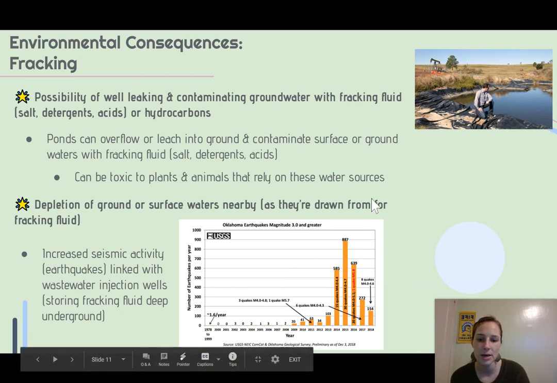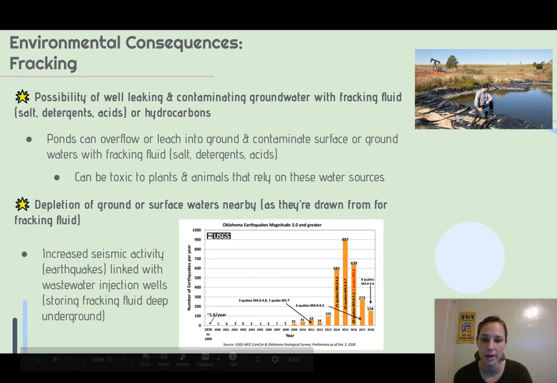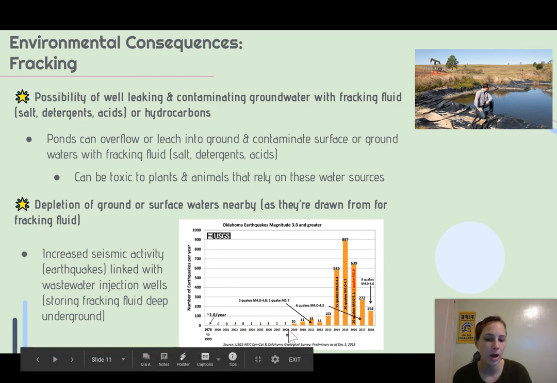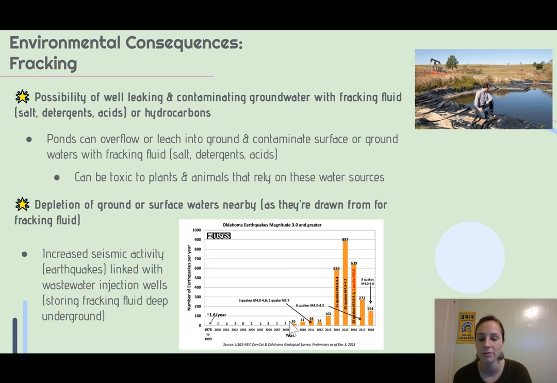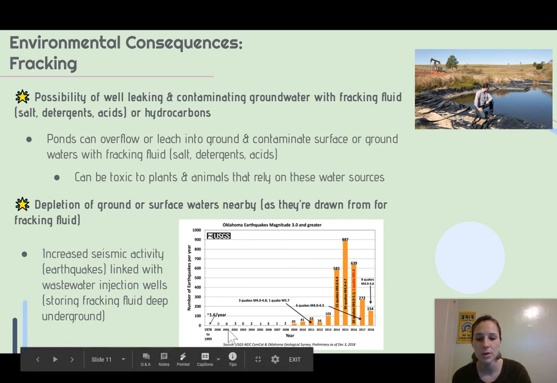So if you look at this data that was collected in Oklahoma, which is a place where a lot of fracking happens, if you look at around 2008, which is when we started to have our big boom of fracking here in the United States, these were the amount of magnitude 3.0 and greater earthquakes before then. We were having like on average 1.6 a year. After 2008, this is how many of these earthquakes we were starting to have.